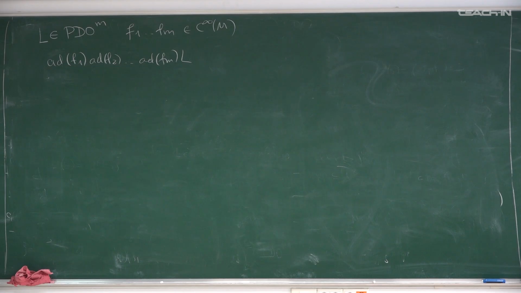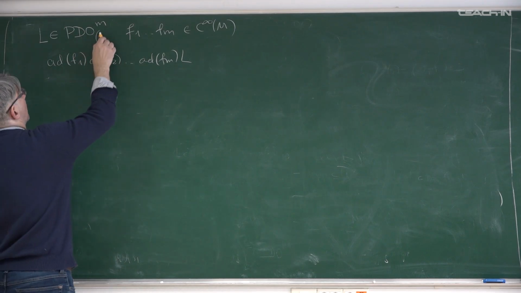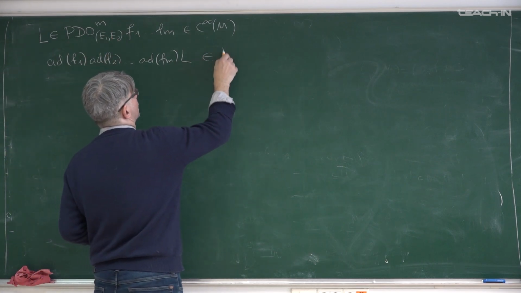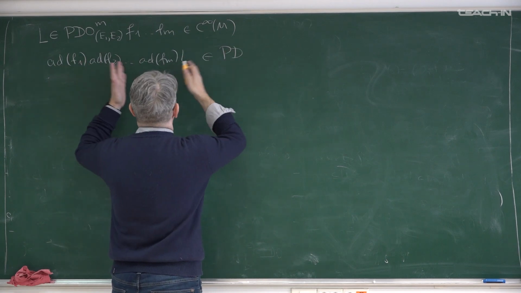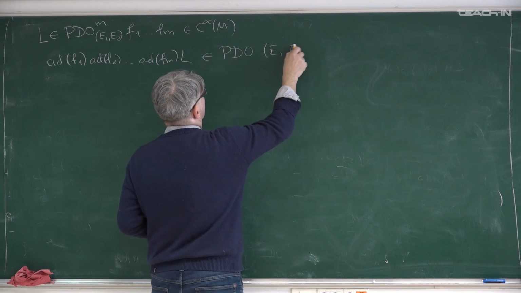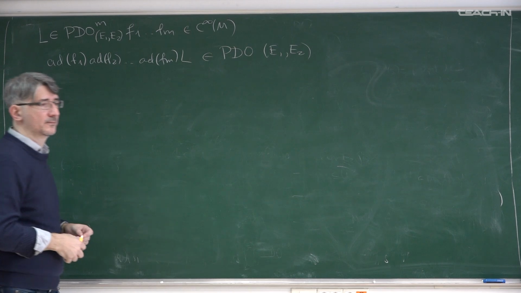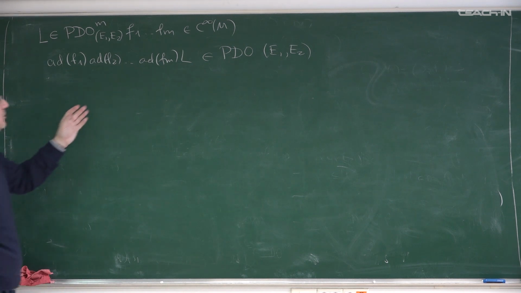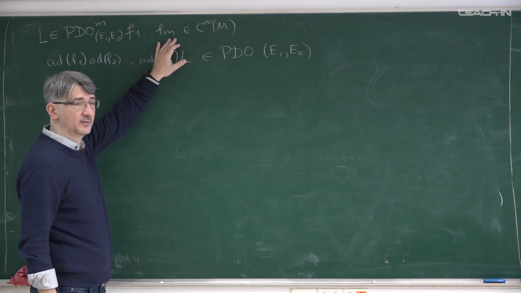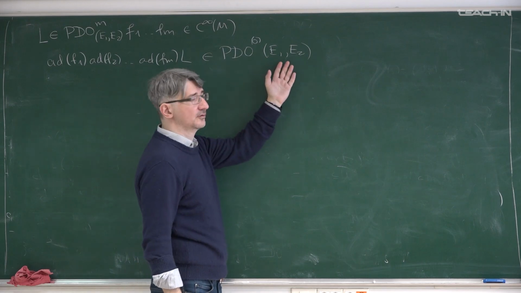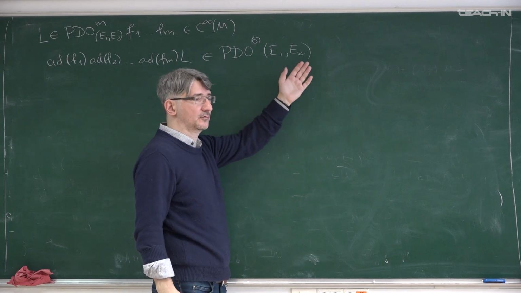It works on sections of E1 and E2. Because we defined order by induction, it should be a differential operator of some order. Guess of which order? Zero. Because I took exactly the same number of functions. So this guy is just a C infinity linear map from sections of this guy to sections of this guy.